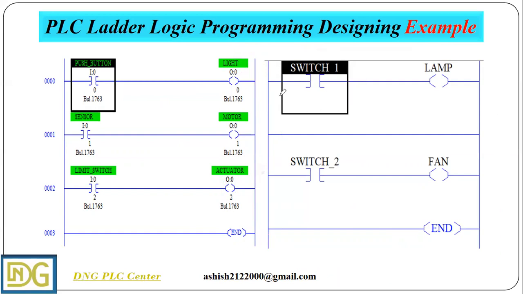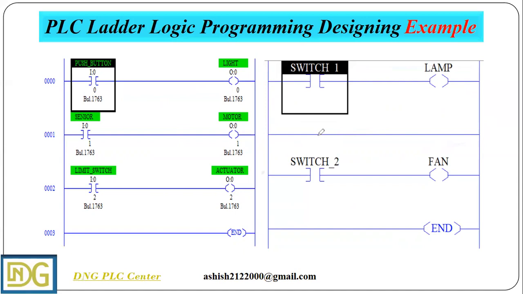We have used four rungs: first, second, third, and fourth. In the first rung we have instructions, but in the second rung we don't have instructions, so it will show an error when you download the program to the PLC.